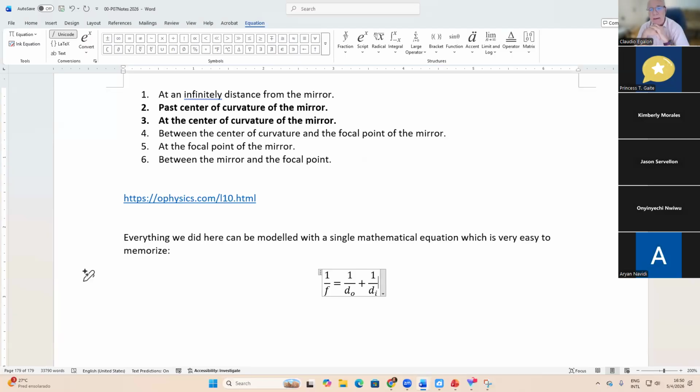Everything that we did here can be wrapped up in this single equation, okay? And we'll be working on this equation, which applies not just for the concave mirror, but also for the convex mirror and for the concave and convex lenses, okay?